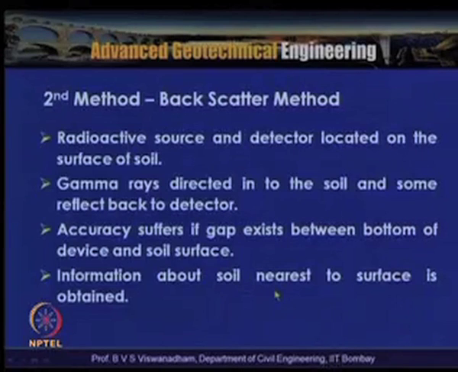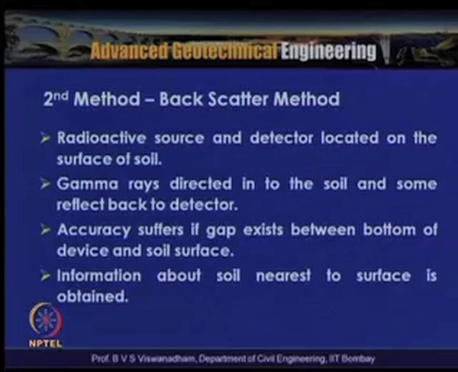In the second method, called the backscatter method, the radioactive source and detector are located on the surface of the soil itself. This is widely used in the majority of available equipment. Gamma rays are directed into the soil and some reflect back to the detector, and accuracy suffers if a gap exists between the soil surface and the nuclear density device.